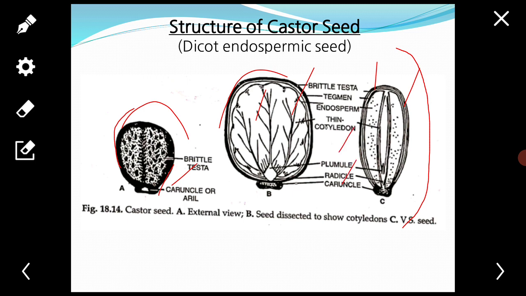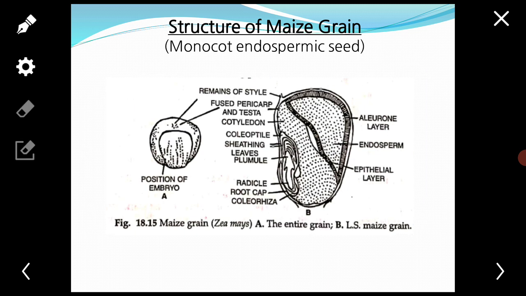Next, the structure of maize grain. That is an example of a monocot endospermic seed. You see in the figure, this.